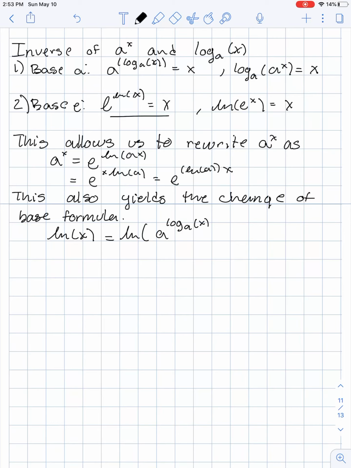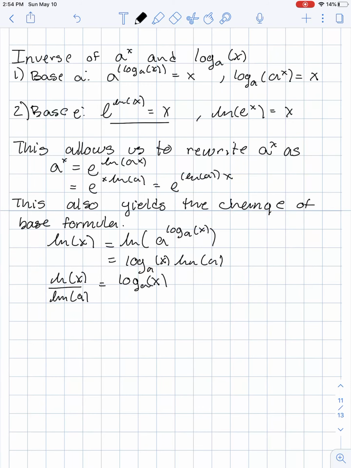That's what we're going to use. So ln of a to the log base a of x, those two things are equal. Now using log rules, power rule, this log base a of x is an exponent, so it's going to come down. So we'll be left with ln of a. And then I can divide by ln of a on both sides. And I get that log base a of x is the same as ln of x divided by ln of a. Let me rewrite that because that was a little messy.